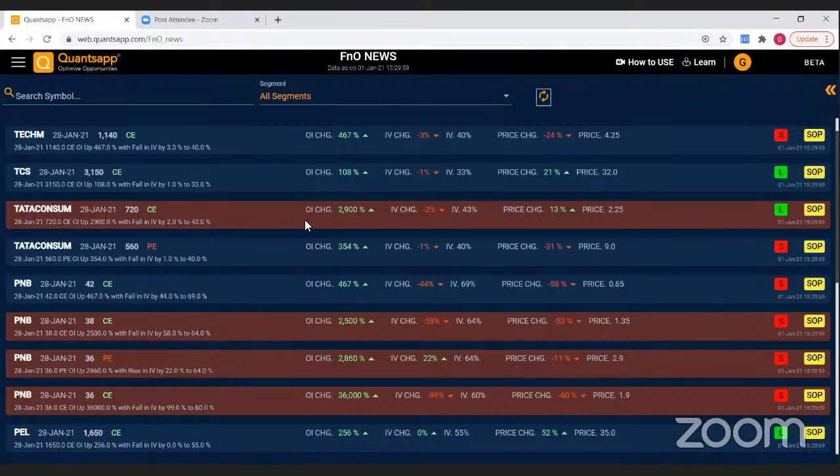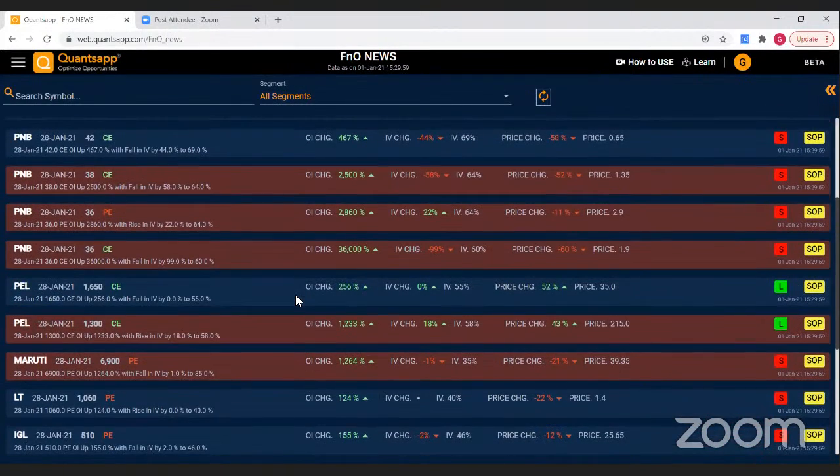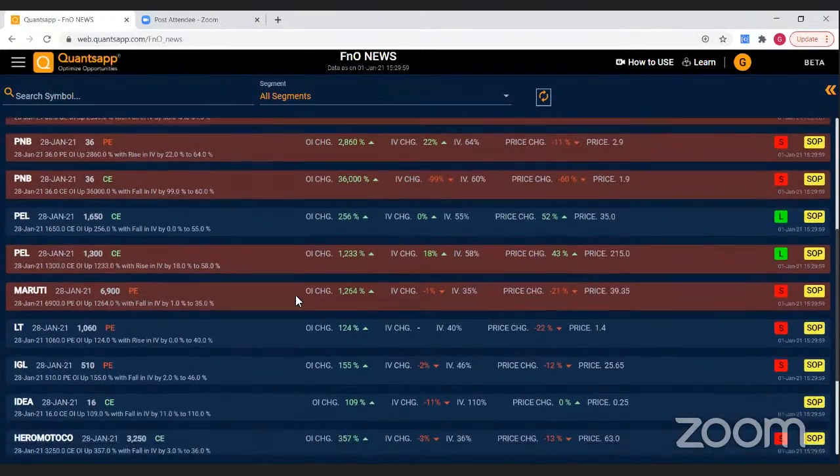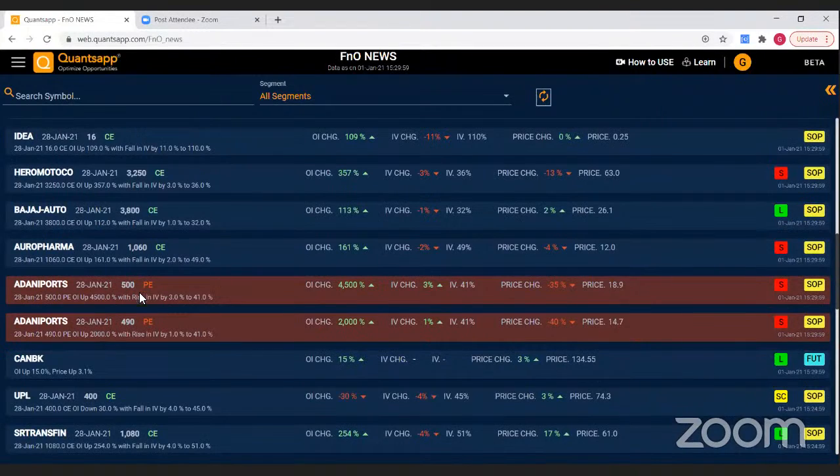Here you won't find all these strikes, but only those where unusual activity is going on. If I go further down, Adani Ports, 500 put option, 490 put option.